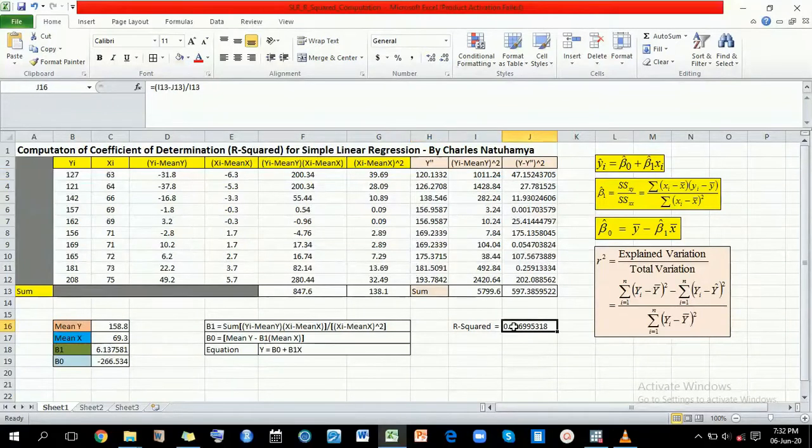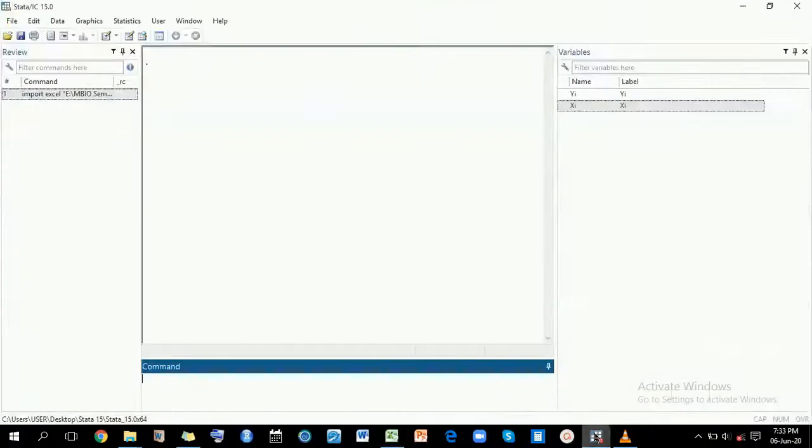When you look at this equation here, it is saying I13, which is this, then minus J13, which is this, then divided by I13, which is this again. So I ended up getting R squared as 0.8969. So I'm going to use that and compare these two values, what I got right here and what Stata gives me.